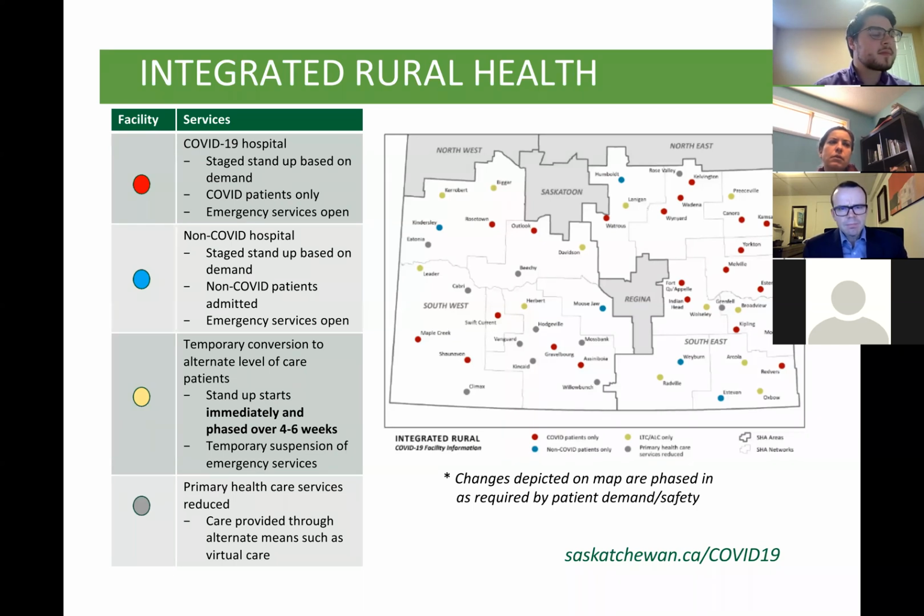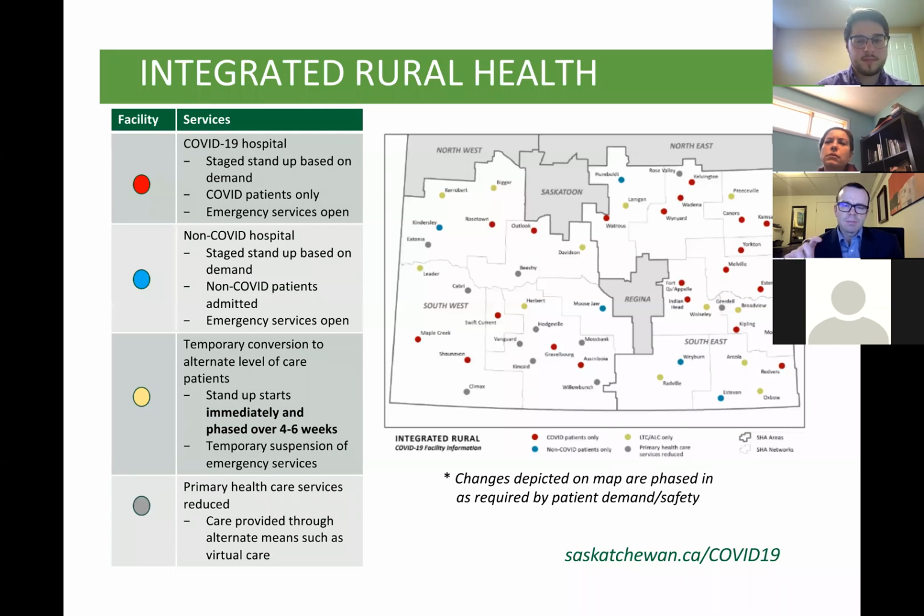The 12 facilities that were identified were for conversion of the acute beds to support alternate level of care. There were a number of different considerations contemplated in making those decisions. Some of them were related to making sure that we're able to sustain and appropriately train the staff in those emergency departments to be able to respond to COVID patients walking through their door, so that they would have all the capabilities to do that.